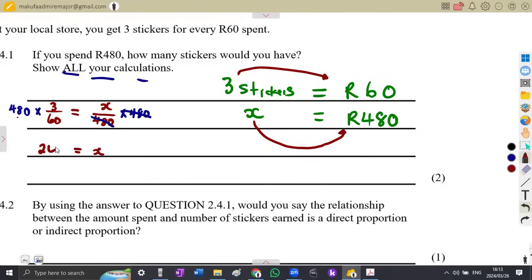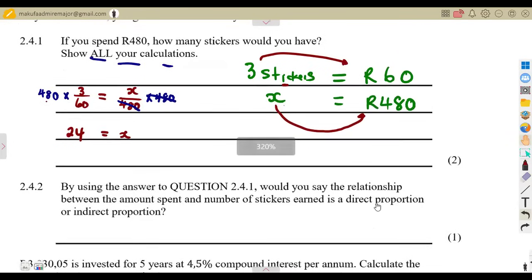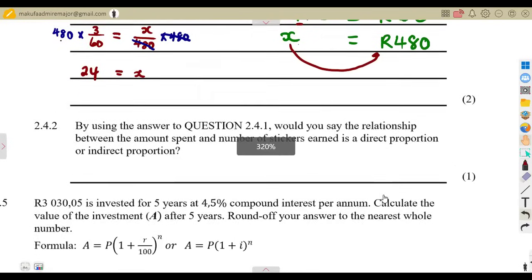So x is equal to 24. x represents the number of stickers, so the number of stickers we are going to have at the end is 24 stickers if you spend 480 rand.